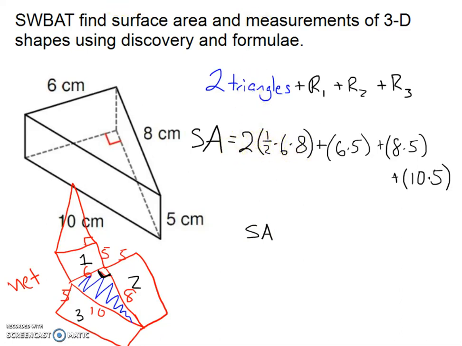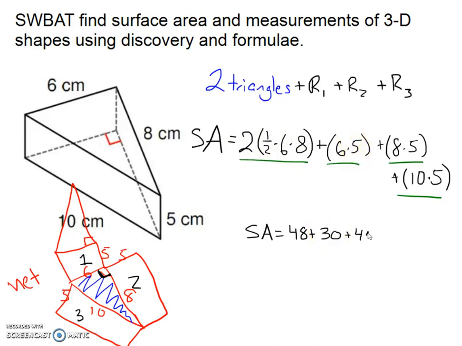But just to recap, what we're looking at right now is 2 triangles plus a rectangle plus a rectangle plus another rectangle together make the surface area of this 3D shape. So let's finish off calculating this. 2 times 1/2 times 6 times 8 is 48. Plus 6 times 5 is 30.